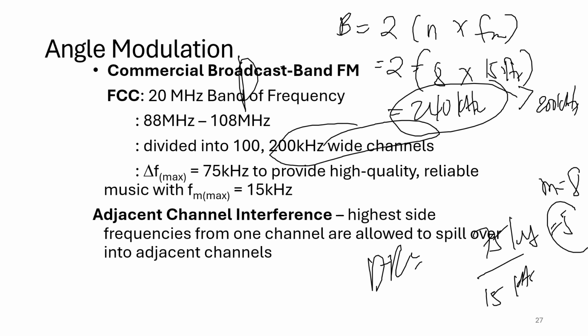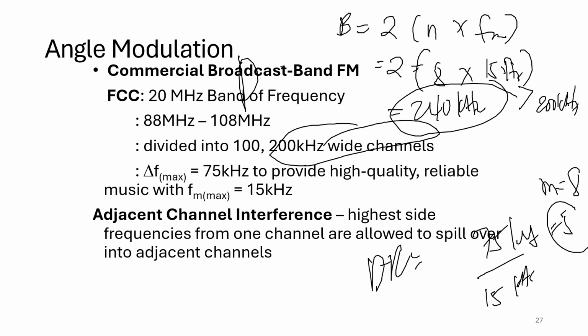So what do we mean by that? This is actually not a problem because the FCC has historically assigned only every other channel in a given geographic area. So it is not the case that right after a certain channel you already have another FM station.